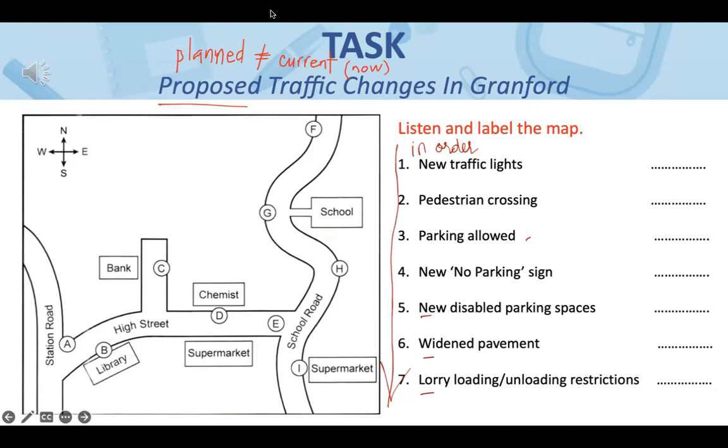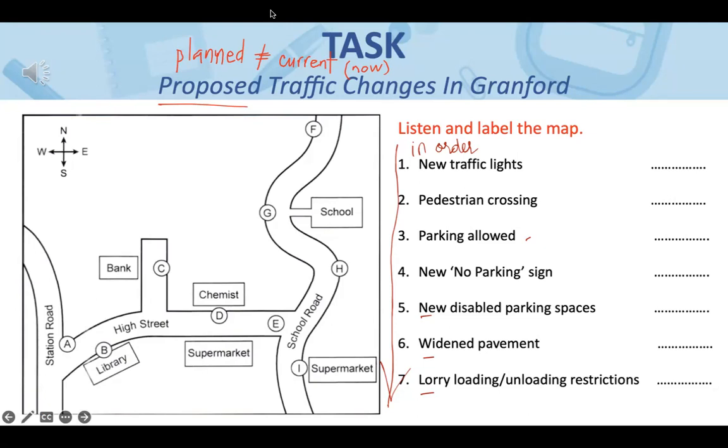We are proposing some changes to parking. At present, parking isn't allowed on the High Street outside the library, but we're going to change that and allow parking there, but not at the other end of the High Street near School Road. There'll be a new no parking sign on School Road just by the entrance to the school, forbidding parking for 25 metres.